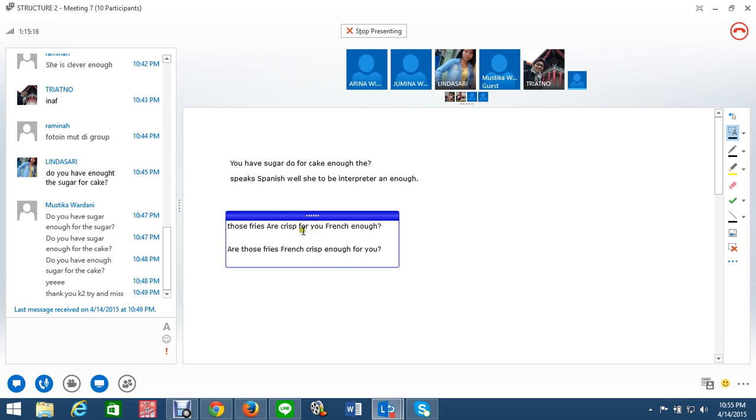You ini ada for, berarti pasangan you di sini should be for. Iya, for you, untukmu. Are those fries crisp enough for you? Renyah, dari crispy.